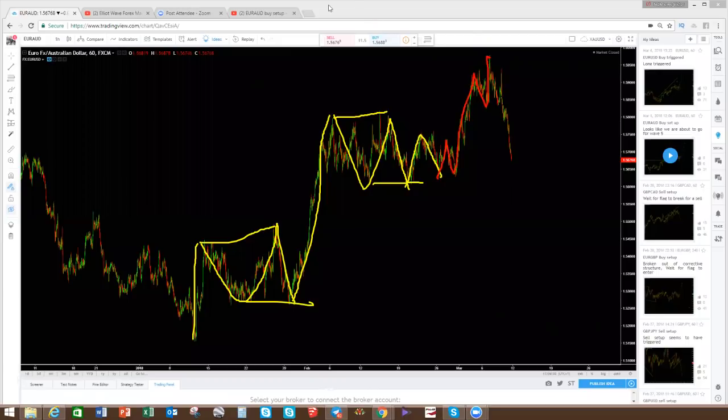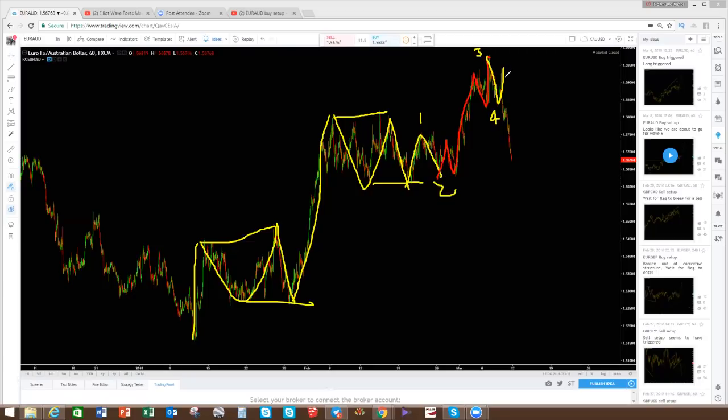Okay. So I was still expecting this to give us a 1 and then a 5. So if you see here, you've got 1, you've got 2, you've got 3 here, and then a 4. So I was expecting this to give us a wave 5, but it went just a couple, I think about 50, 60 pips before it started reversing.